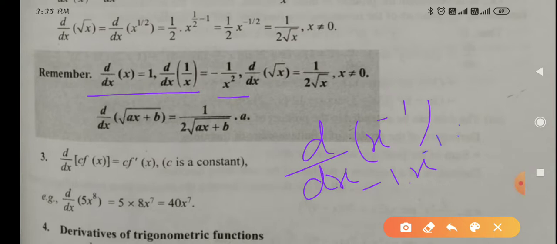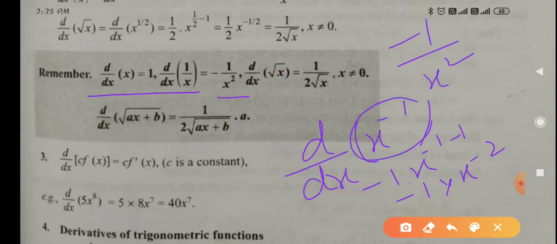Here n is minus 1, minus 1 minus 1 is minus 2, so minus 1 into x to the power minus 2, so you can write minus 1 upon x square. So by using this formula which I told you just before, you can find this.